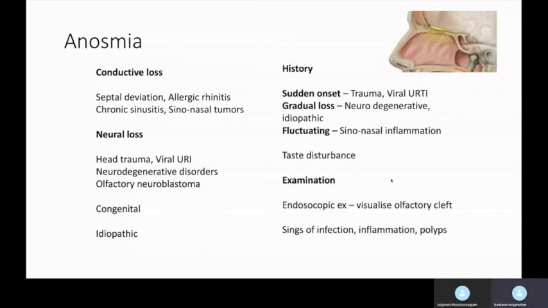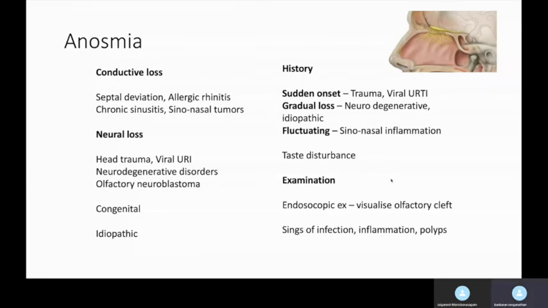So the history is going to be targeting the causes of anosmia. If it is a sudden onset, as I explained before, it is due to head trauma or a recent upper respiratory infection. There is a gradual loss in cases of neurodegenerative disorders.